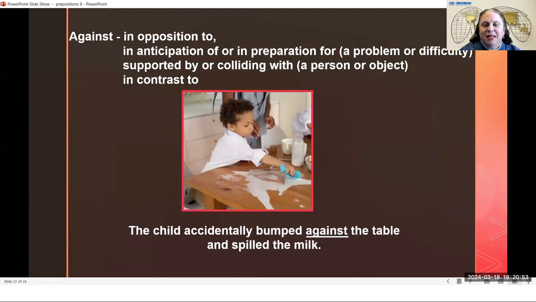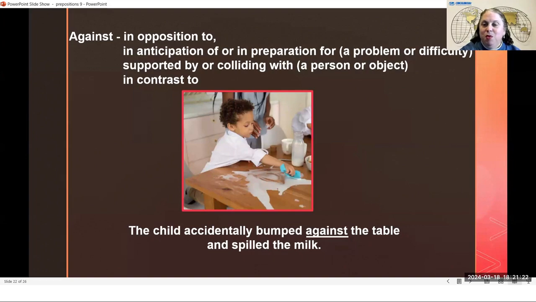Let's see another example of colliding with something, not supported by, but colliding with something. It says the child accidentally bumped against the table and spilled the milk. We don't see the spilling part, now we see the cleaning up part. But the child bumped against the table. The child and the table bumped into one another.